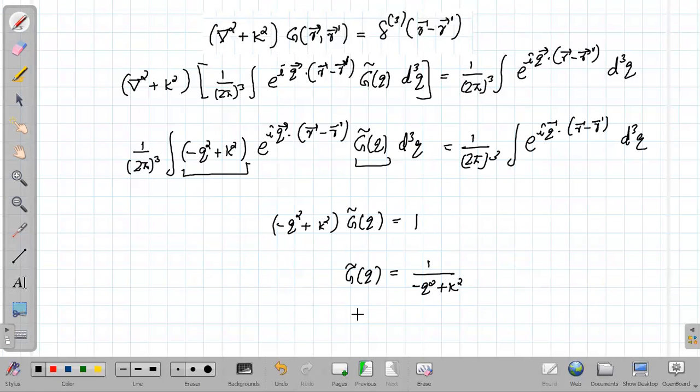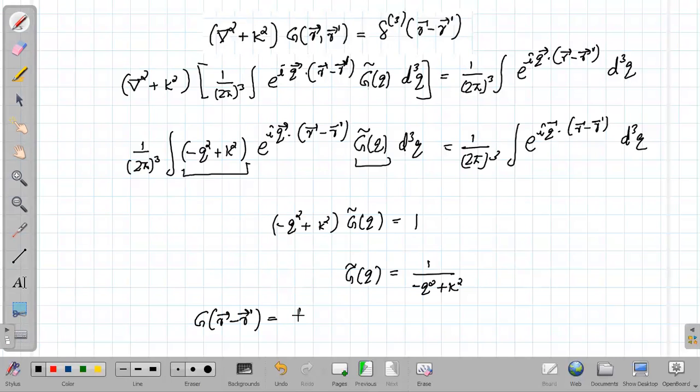Now, since we got the expression for the Fourier transform of the Green's function, we can find the original expression for the Green's function by just integrating it. Okay, so what was that expression? It is the Green's function, g of r comma r prime, or g of r minus r prime.